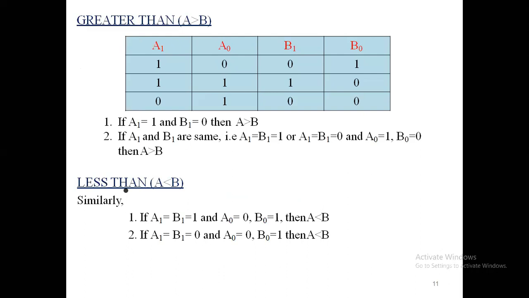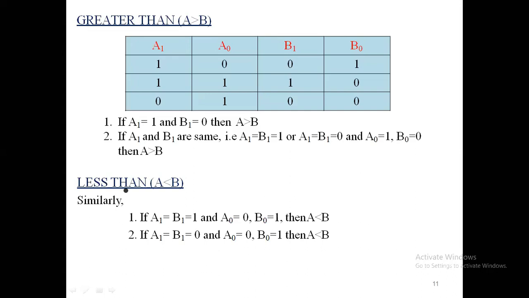Then see, here we have to check less than, greater than, and equal to. So if A1 is equal to 1 and B1, we have to check these values only: A1 to B1, A0 to B0. First you have to assume that A1 is 1 and B1 is 0.